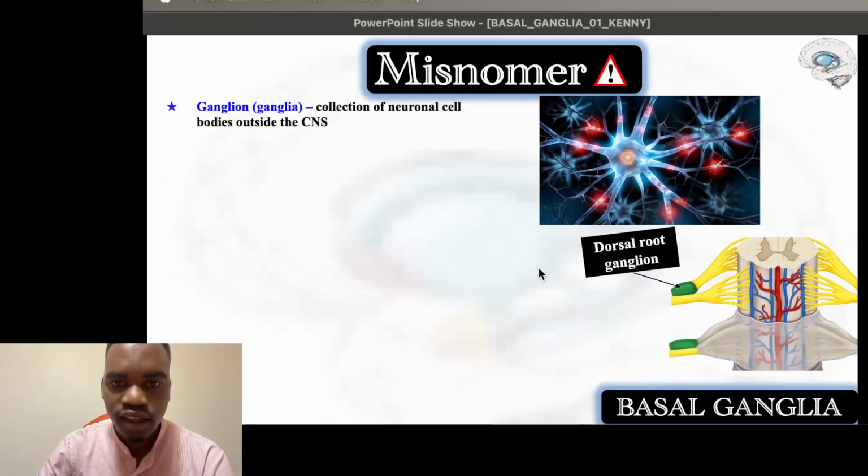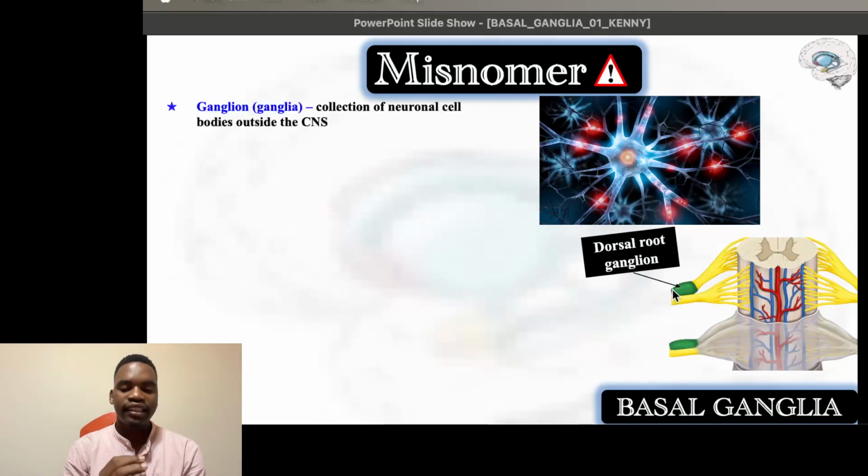So this is the dorsal root, this is the ventral root. The dorsal root has a collection of neuronal cell bodies outside the central nervous system, outside the brain and the spinal cord. This is the spinal cord, and it is outside the spinal cord. So it deserves to be called a ganglion, because it is outside the central nervous system.